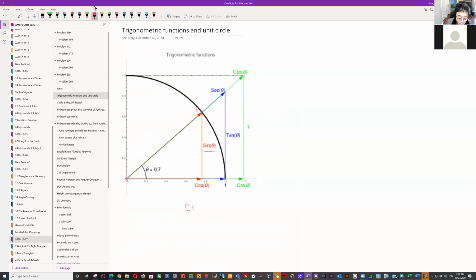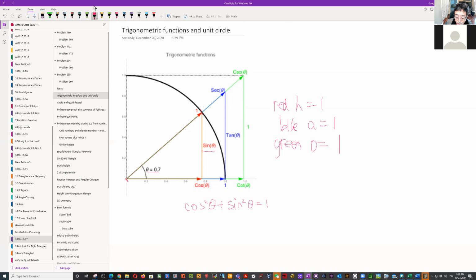So cosine theta square plus sine theta square is equal to 1. Then this is the tangent, the blue one. The blue one is also a triangle, whereas the red one has hypotenuse equal to 1, the blue one has adjacent equal to 1, and the green one has opposite equal to 1.